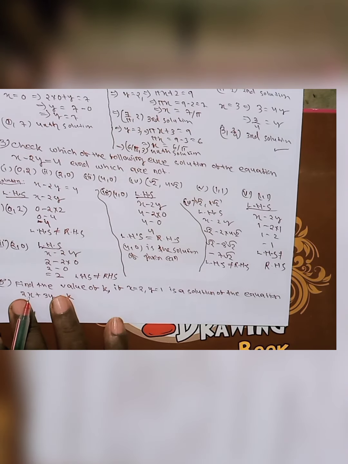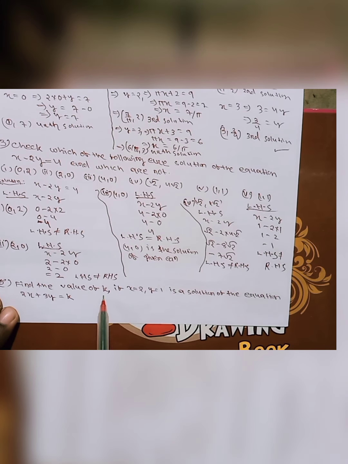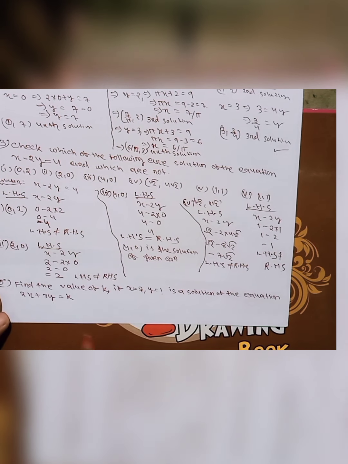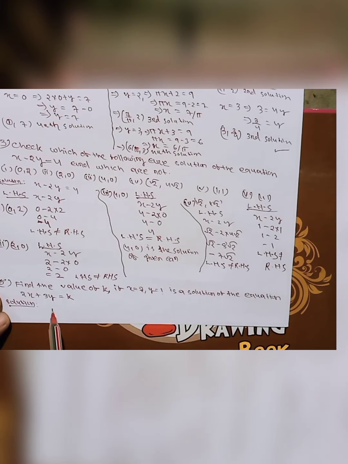Next question, last question, number 5. Find the value of k if x is equal to 2, y is equal to 1 is the solution of the equation 2x plus 3y equal to k. In this question, the given equation is 2x plus 3y equal to k, and the x value and y value are given here.